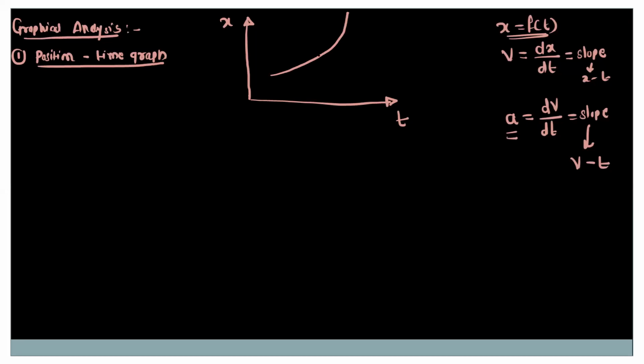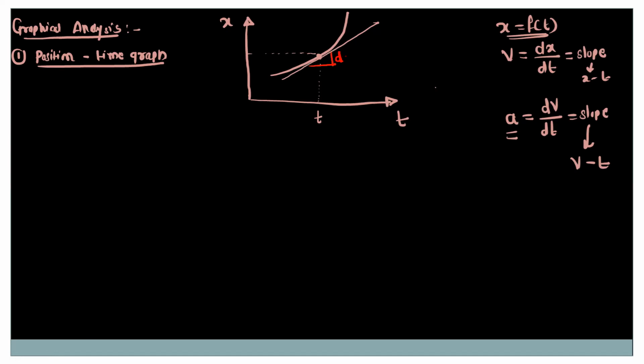If you want to find out the velocity at a particular point, let us take this point, and at this point, the time is t. So if you want to find out the velocity of the object, then draw the tangent line at this point and find out the slope of that tangent line.